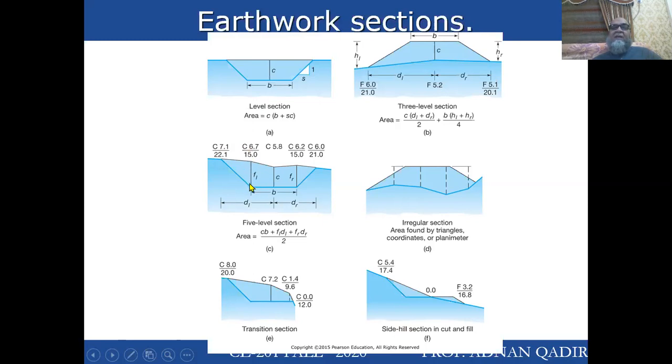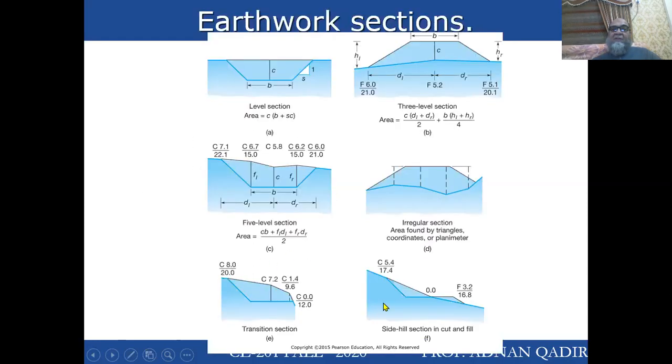So in other words, this slope has been ignored. The height at this slope is ignored. So for us, while calculating, this 15 is redundant, so is 6.0 and 7.1. So we'll take 6.7 and 22.1 and 6.2 and 21. And again, the width is given to you, and you can find the area.